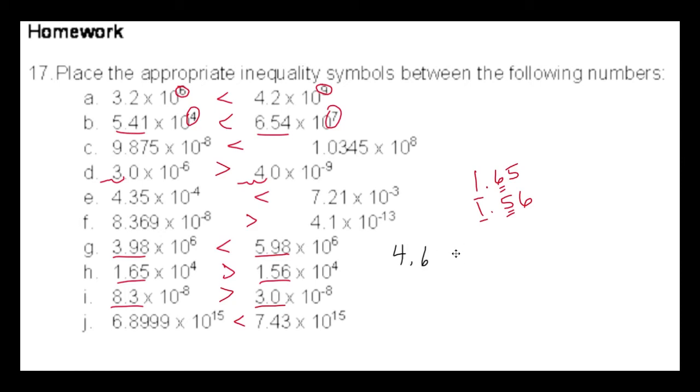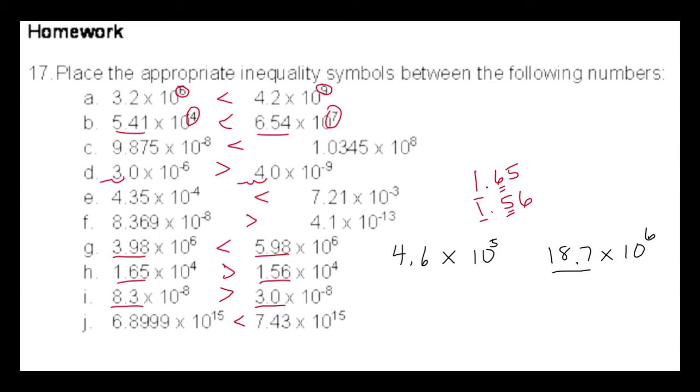4.6 times 10 to the 5th, and we're going to compare that to, let's say, 18.7 times 10 to the 6th power. Right away, if you don't notice that this number right here isn't in scientific notation, then you either have to change the numbers into standard form and compare, or put this number in scientific notation.